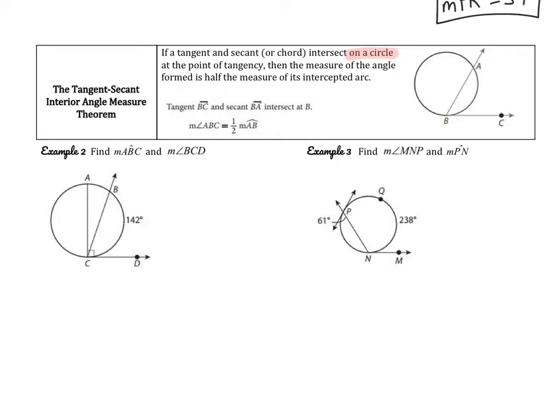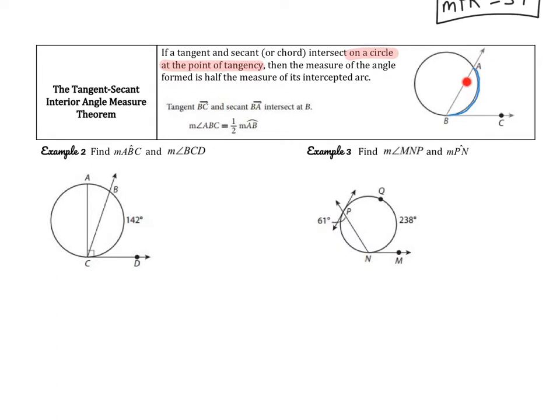If they intersect on the circle at the point of tangency, which you can see point B is, then the measure of the angle formed is half the measure of the intercepted arc. This would be the intercepted arc AB.